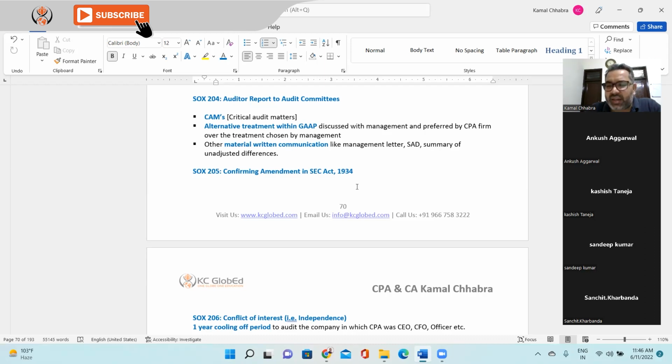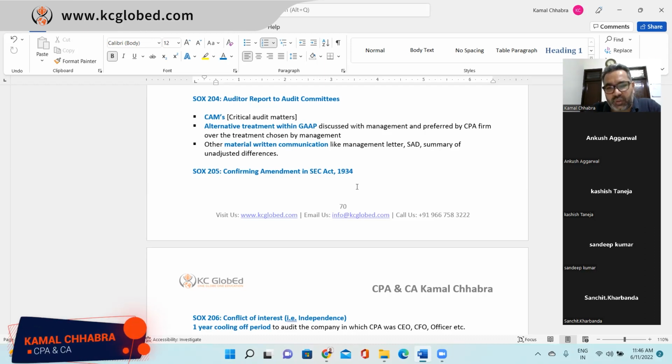So this is a mandatory requirement: from 2020 on, all audit reports of the issuer must report on the critical audit matter. Same way as Ankush said, in a critical audit matter you need to define three things. One is what area you have identified as a critical audit matter.